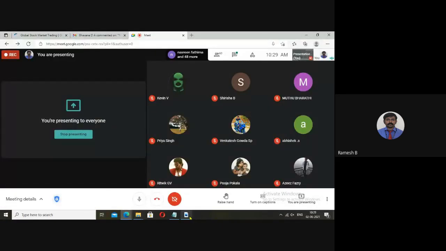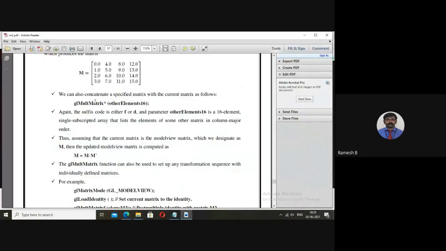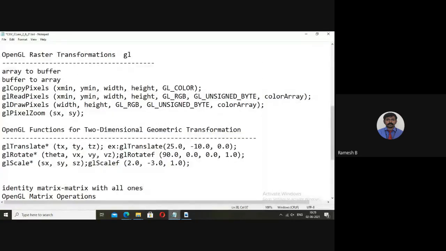Now there is one more method which is provided by OpenGL to do the matrix multiplication, GL mult matrix, which concatenates two matrices.